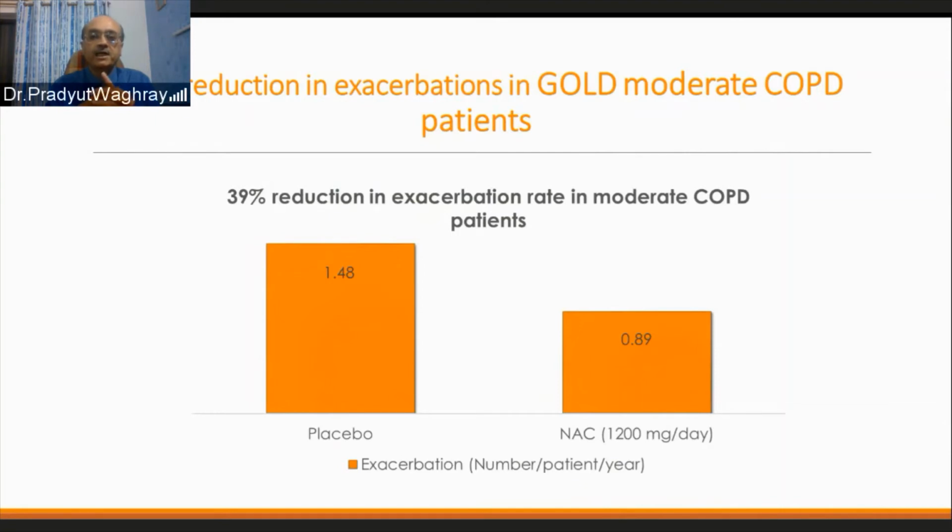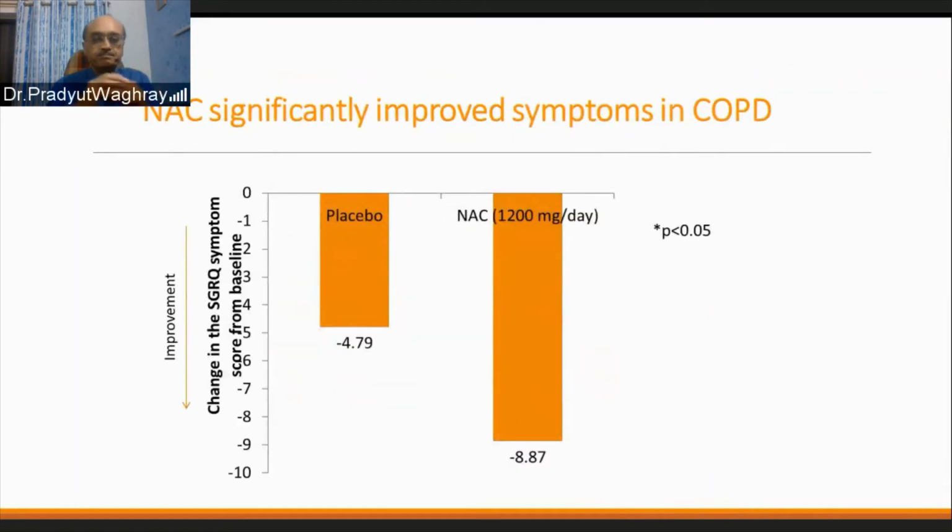So it has a significant role in reducing exacerbations in COPD patients. Not only exacerbations, NAC was also found to improve the symptoms in COPD. When the changes were studied as per the St. George's Respiratory Questionnaire, there was almost double improvement in the symptomatology of these COPD patients.